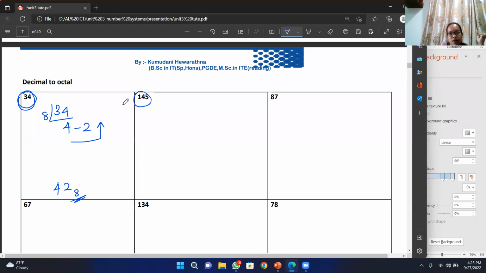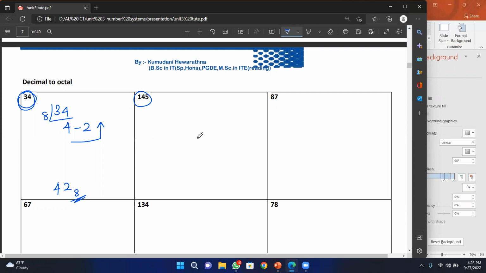Yes. Next one, 145. Let's ask Sigiri. Sigiri, are you there? Yes, teacher. Let me know the answer once you did this one. This 145 into octal, right?